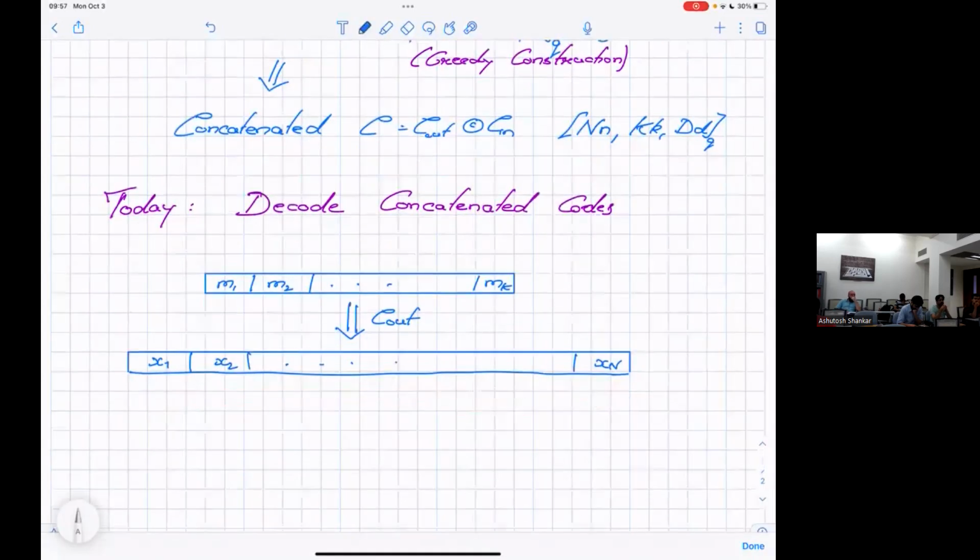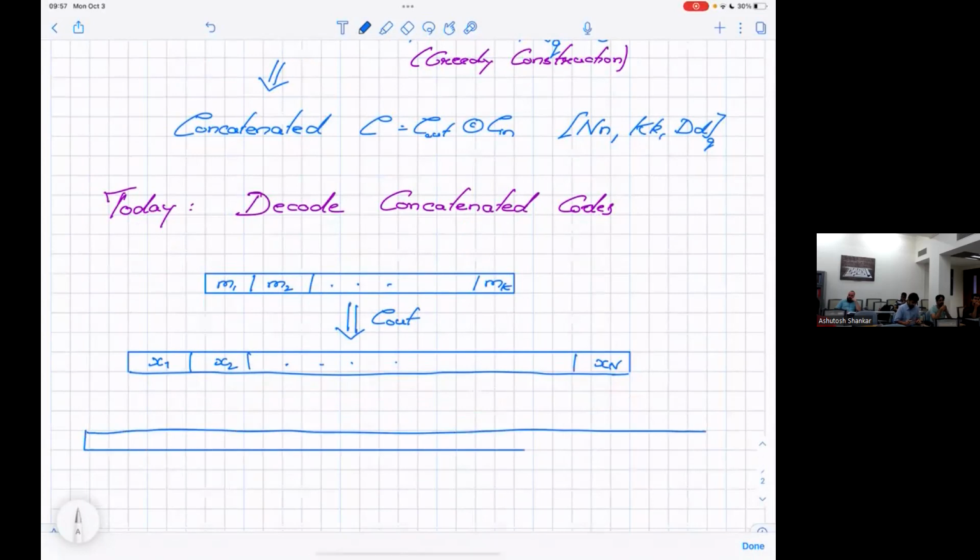Now we apply the inner code independently on each of the blocks, applying the inner code Cin to each one.